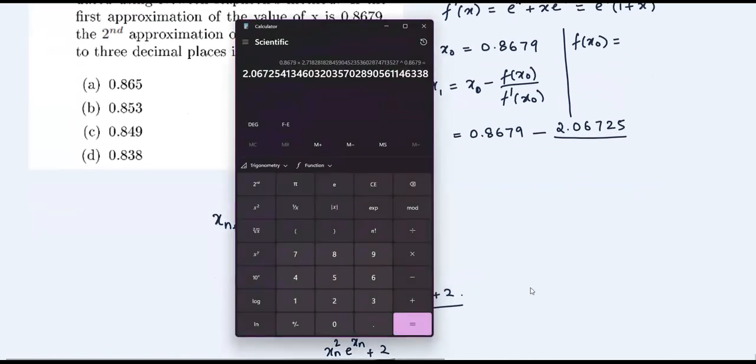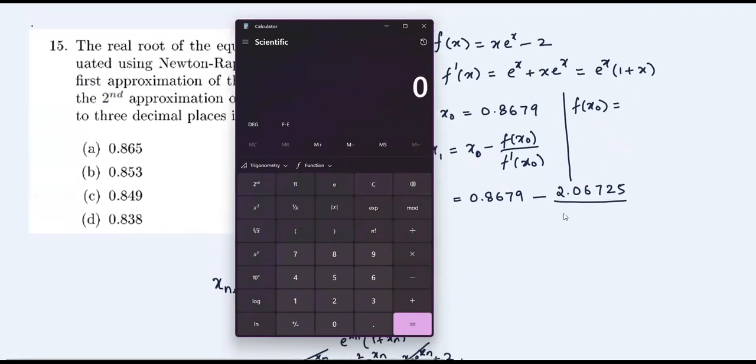Now, e raised to the power 0.8679, 2.38190 multiplied by 1 plus x.